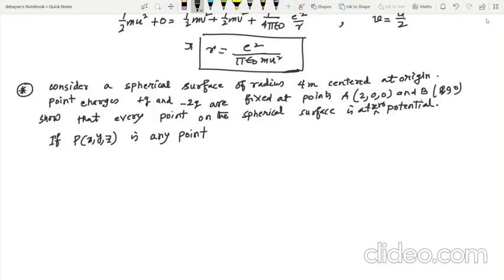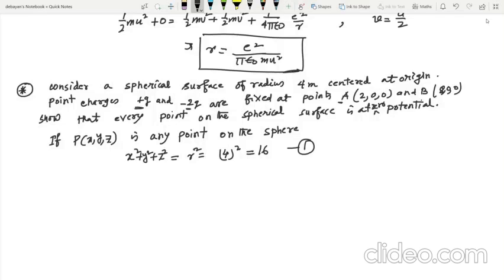The q charge and the minus 2q charge are fixed at some point A and some point B. The coordinate of A is (2, 0, 0) and the coordinate of B is (8, 0, 0). If we find the distance PA, it has x minus 2 whole square, and the remaining y square plus z square is the same.